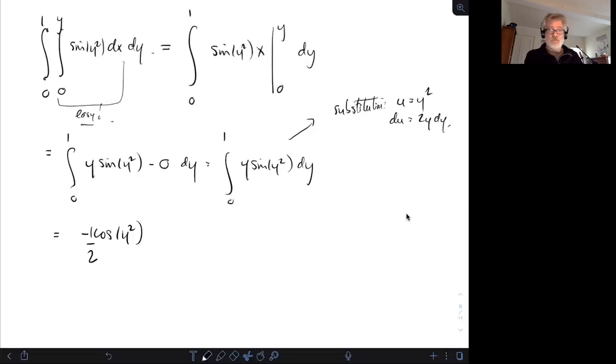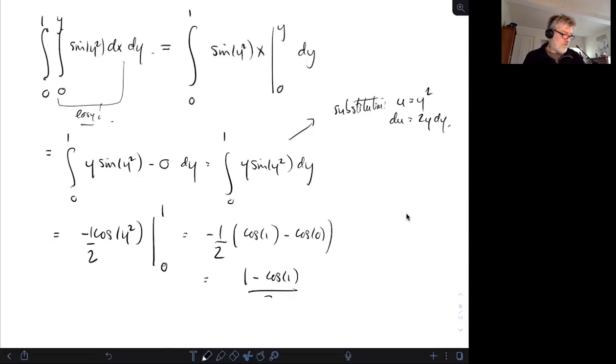And derivative of y squared is 2y, so the 2's cancel out, and I get exactly what I want. And so this is minus 1/2 cos of 1 minus cos of 0, which is 1. So this is (1 minus cos 1) over 2.